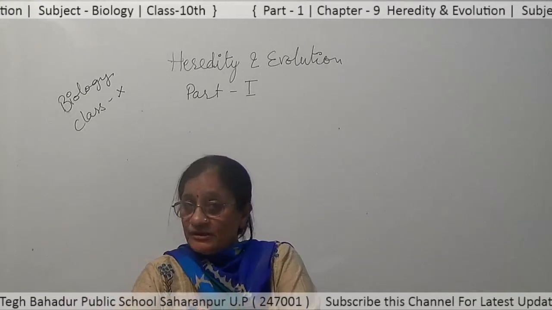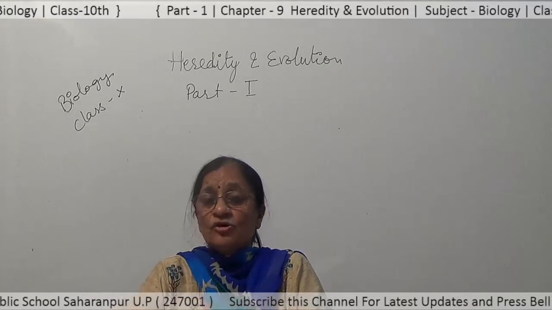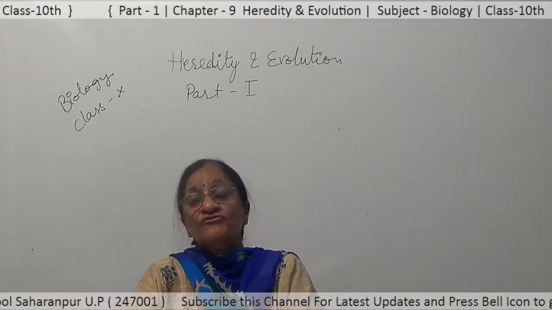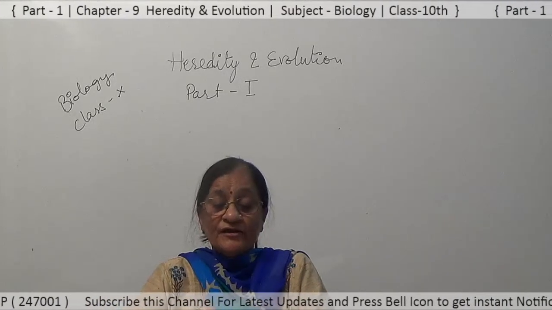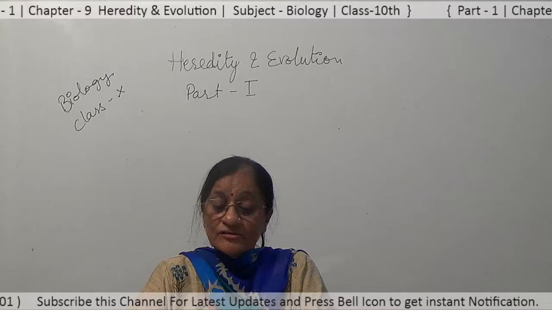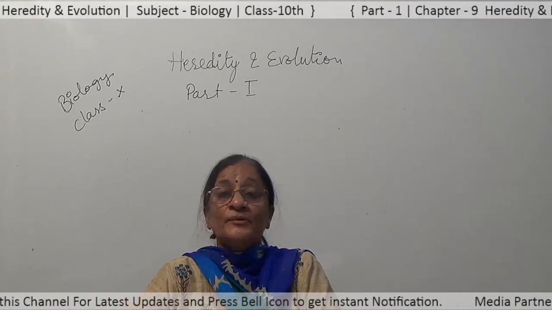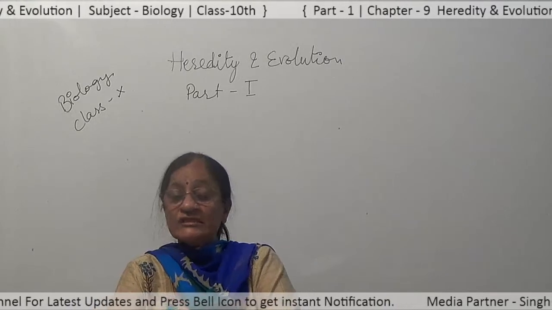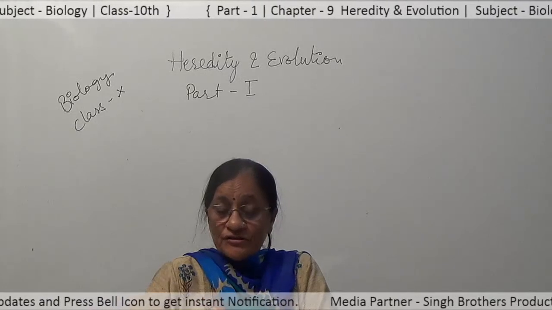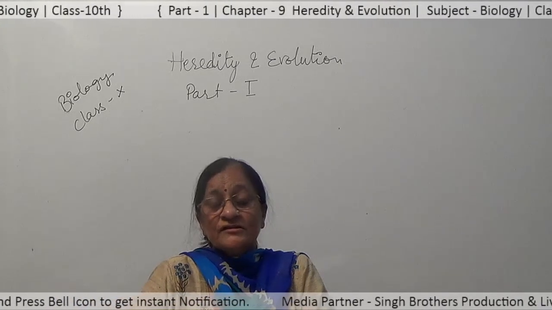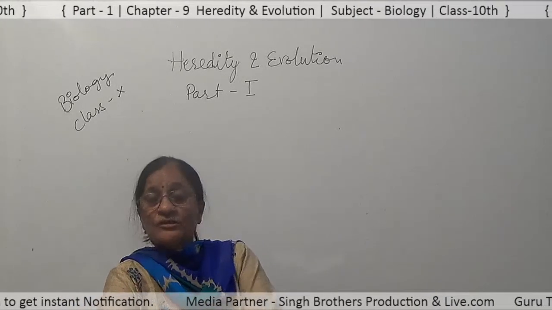So our chapter is heredity, and heredity means the inheritance or transfer of characters from parents to offspring. Heredity and inheritance go side by side, and the branch of biology in which we study heredity and variation is called genetics.